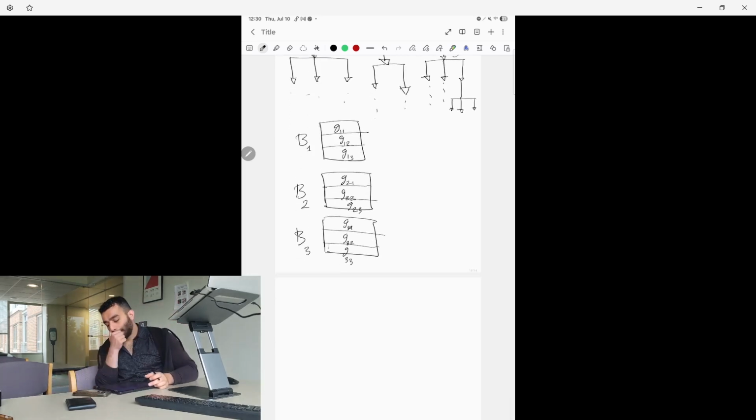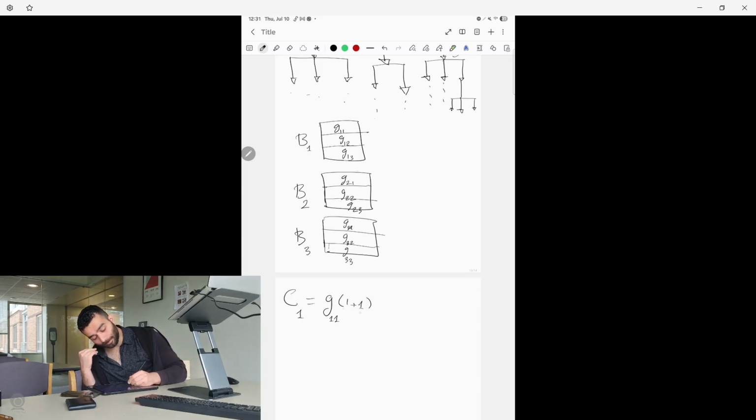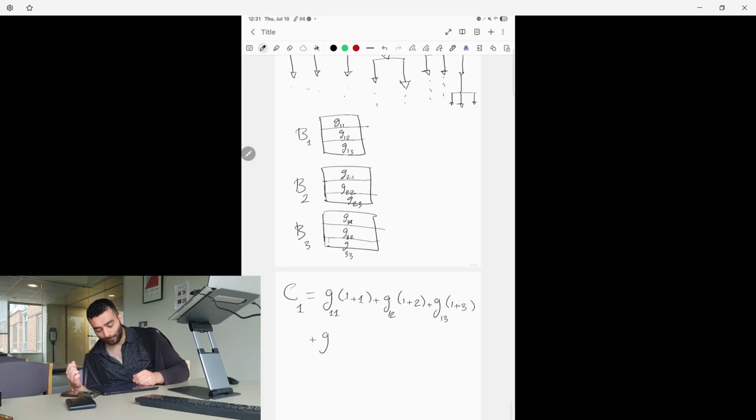And then we want to say, what is the cost of this presentation? The cost of this presentation, C1, is G11 times 2, plus G12 times 1 plus 2, G13 1 plus 3, then we have G21 2 plus 1.